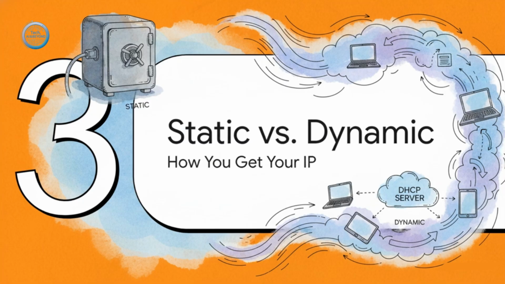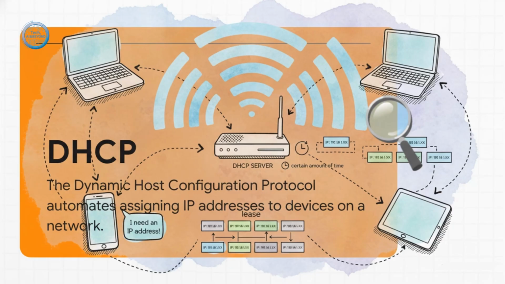This is fascinating stuff. So we've got the what and the how for managing IPs, but what about the where? As in, where do these addresses even come from in the first place? How does my laptop get an IP when I connect to Wi-Fi? I guess that brings us to the difference between static and dynamic assignment. Yeah, for almost all of us, almost all the time, it's completely automatic.